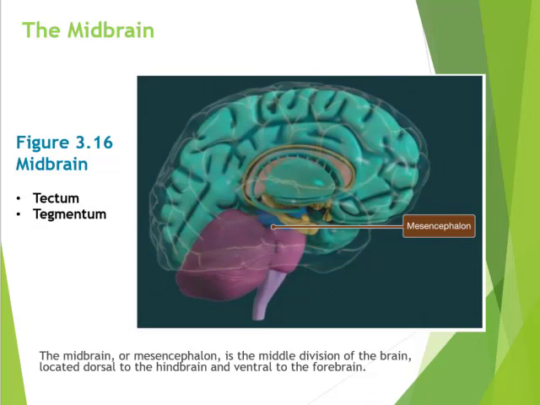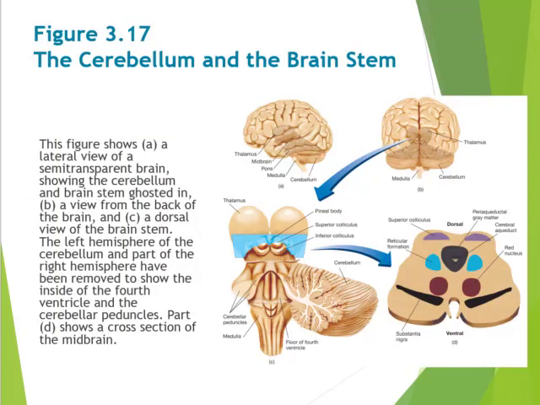So these you can see more readily in the next slide, which shows you, for instance, that the substantia nigra is so called because it stains black in histological assays, and the red nucleus stains red in histological assays.